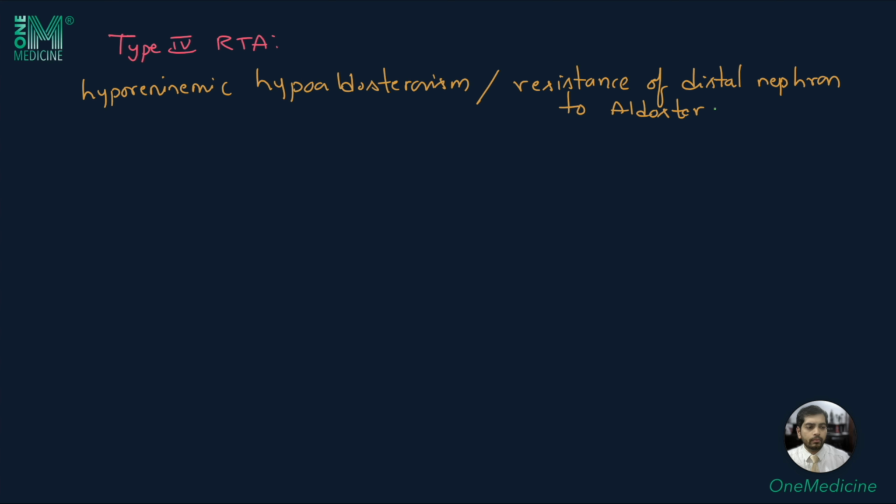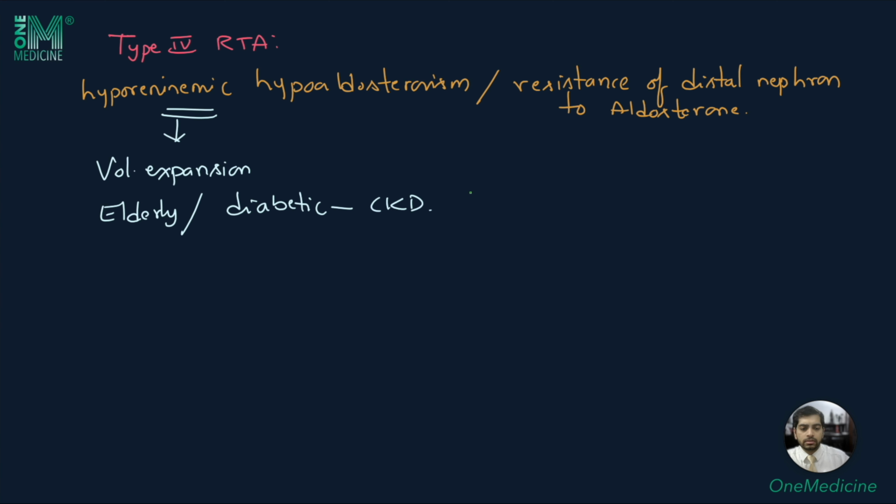Hyporeninemic hypoaldosteronism is associated with volume expansion, and it is commonly seen in patients who are elderly or in patients who are diabetic with chronic kidney disease.